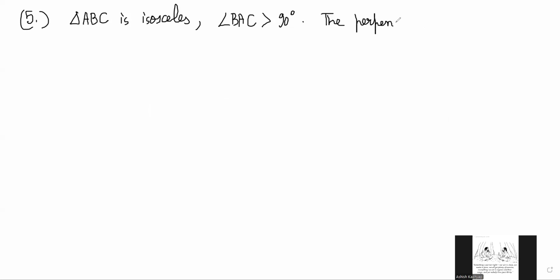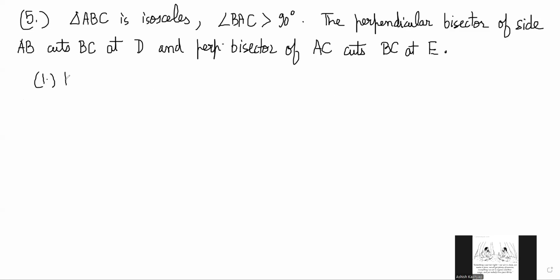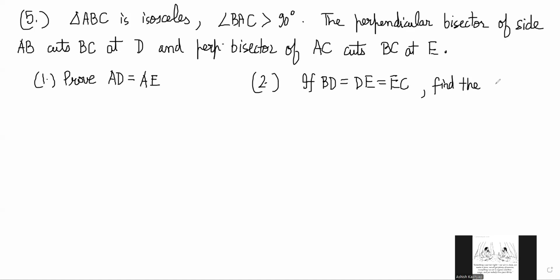The perpendicular bisector of side AB cuts BC at D, and the perpendicular bisector of AC cuts BC at E. First thing you have to do is prove that AD is equal to AE, and second thing is, if BD is equal to DE is equal to EC, find the angles of the triangle ABC.